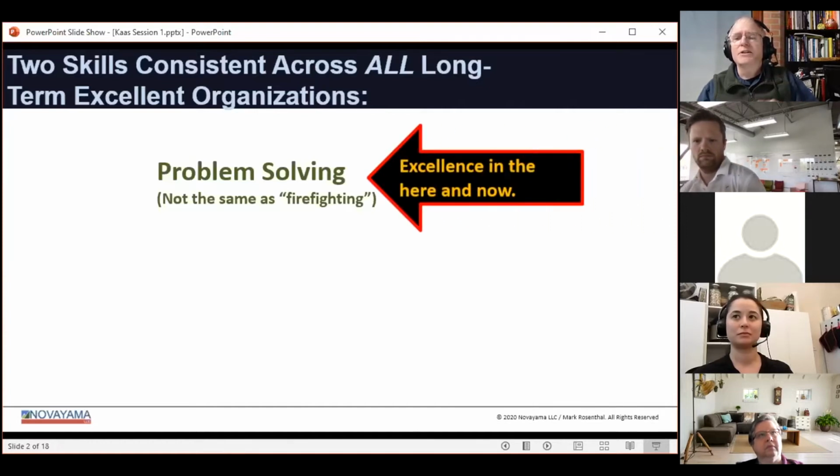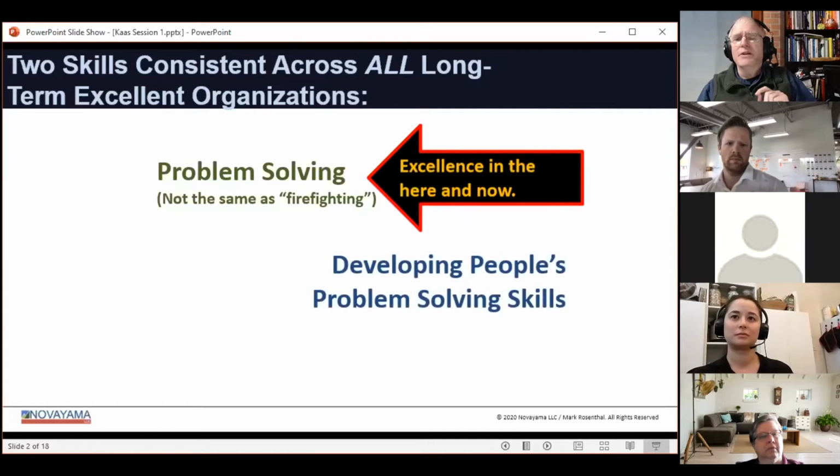So that skill is what gives them excellence in the here and now. But the other thing you see is systems that are geared toward developing people's problem-solving skills. So it's not just hiring for it, but creating it in the course of day-to-day work.